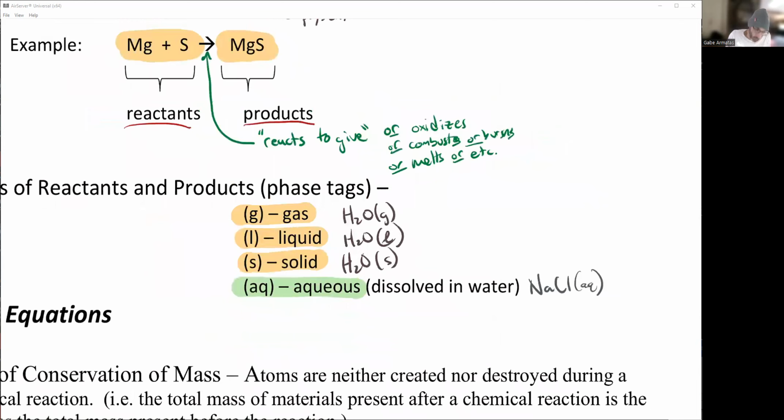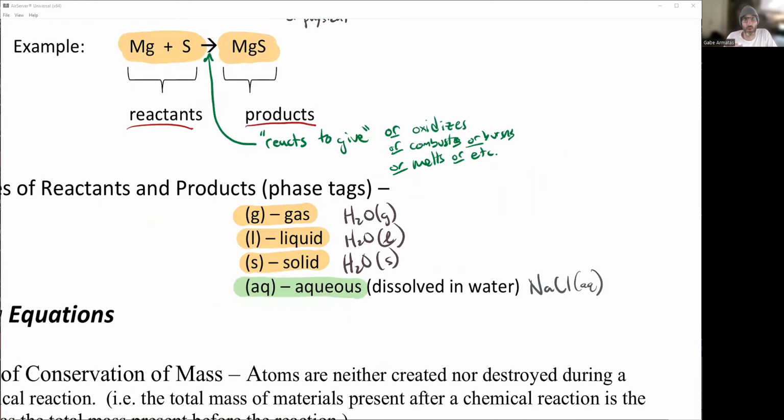So again, a proper way to write out a chemical reaction is this. Let's say hydrogen reacts with oxygen to give me water. First of all, this is not correct because I don't have phase tags.